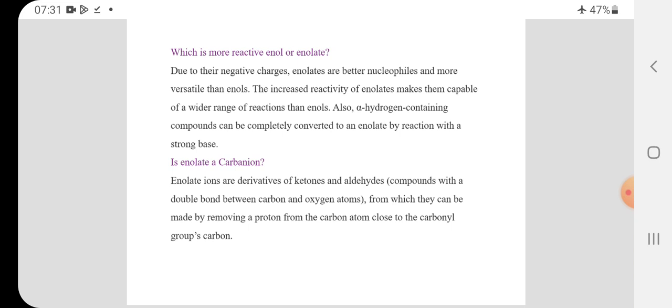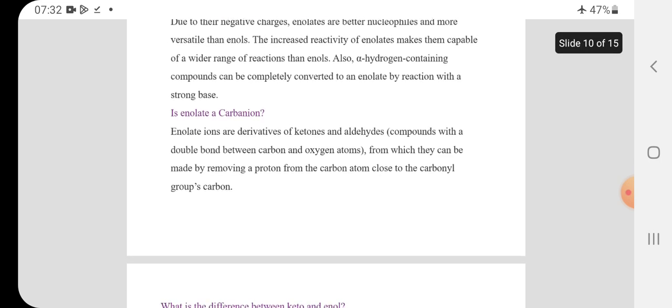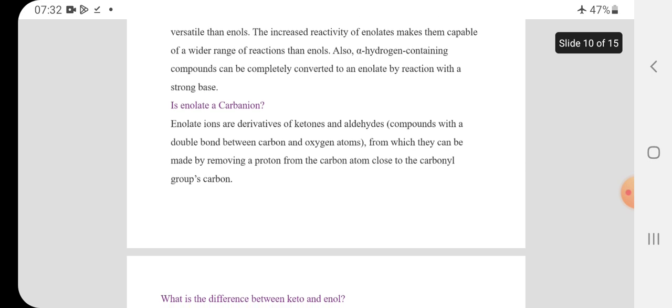We will discuss some questions about enol and enolate ion. Which is more reactive, enol or enolate? Due to their negative charge, enolates are better nucleophiles and more versatile than enols. The increased reactivity makes them capable of a wider range of reactions than enols.